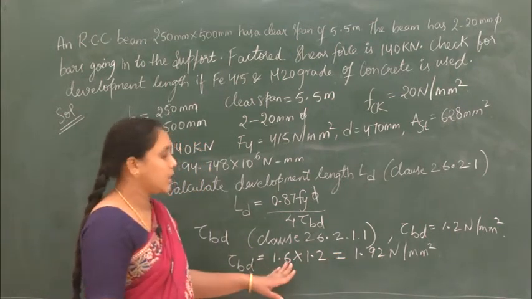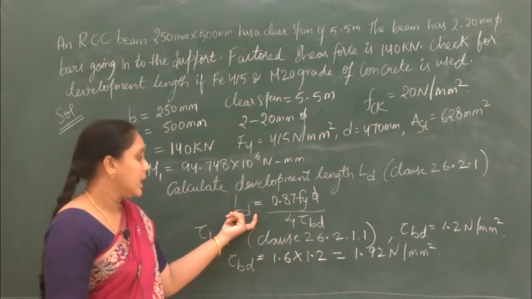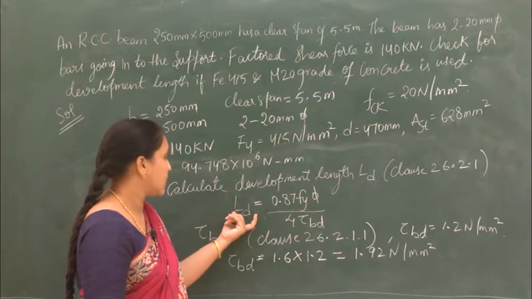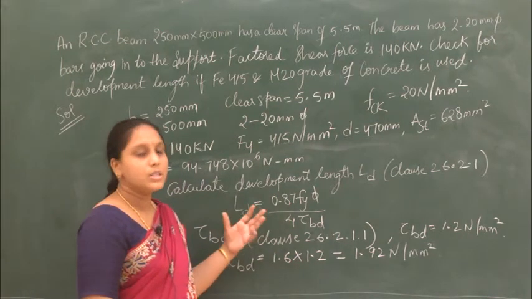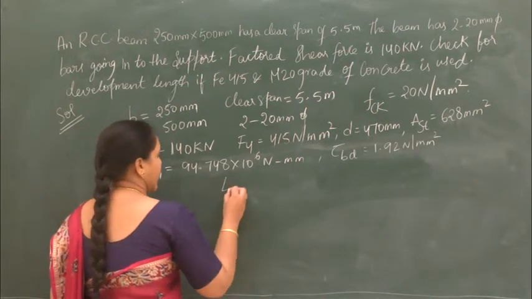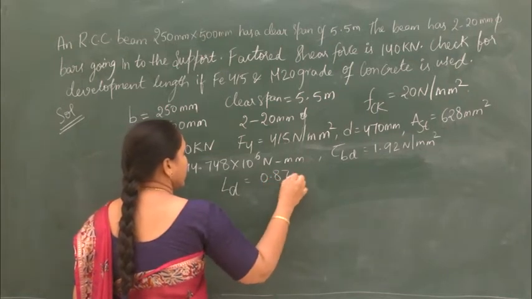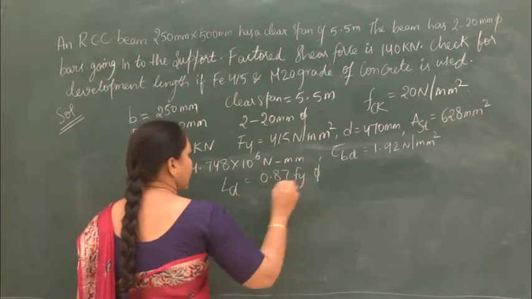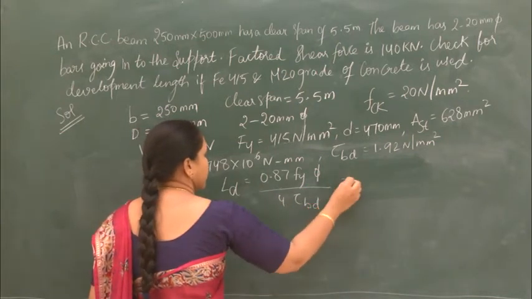So if you substitute the tau BD value in this particular equation, we can find out the development length, which is nothing but the LD. Now substitute all the values and find. Now let us calculate the development length LD. LD is equal to 0.87 Fy into phi divided by 4 into tau BD. So substitute all the values.